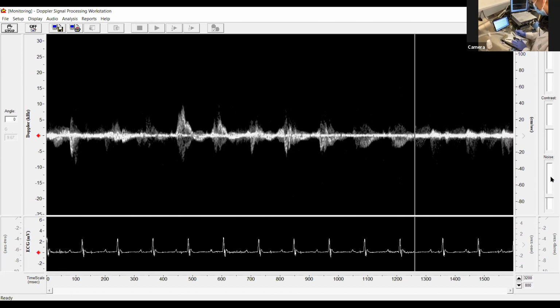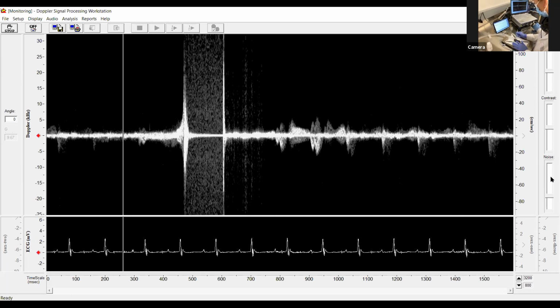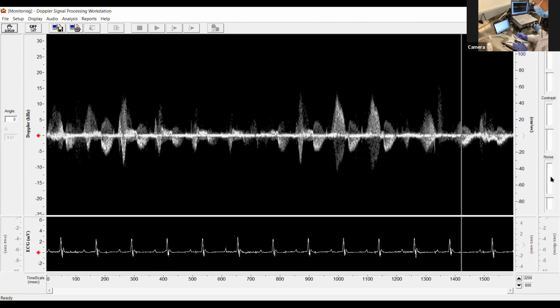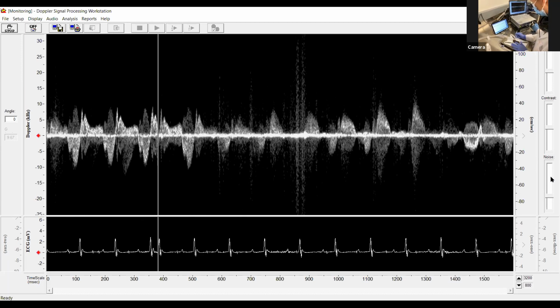Okay, so in this view, we're actually looking for both the mitral and the aortic outflow. And once we get a nice signal, I'll explain why. But it has to do with different timing intervals. So we want to see both signal going above and below.